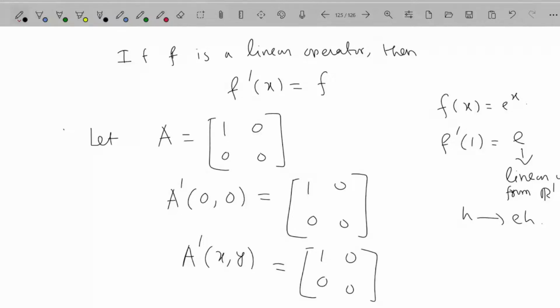We've already proved in a tutorial that a linear mapping is a continuous function, so a continuous function from R1 to R1 is of the form k times x. We proved that in the class. So that's how it is working. It's a linear operator from R1 to R1.